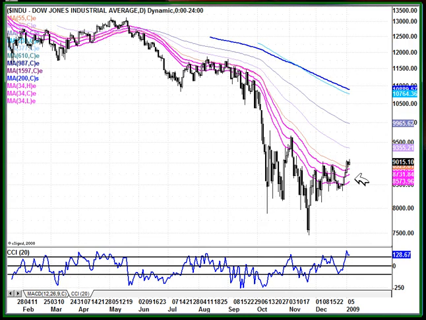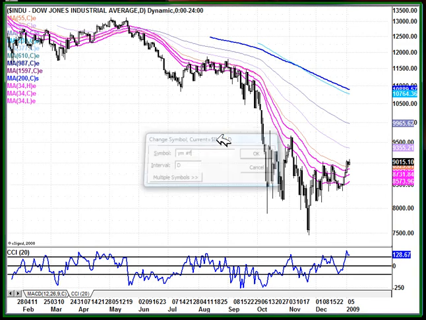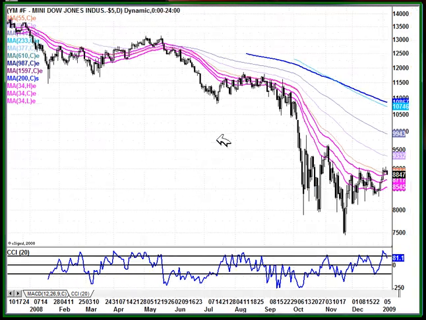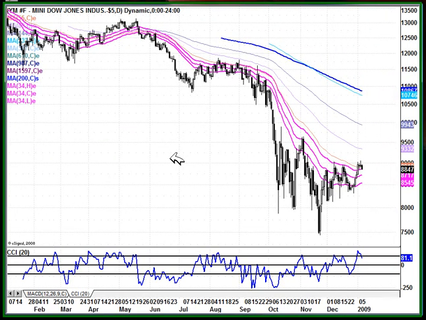Well, obviously not too many people, because if you go back to that YM futures contract, we are down 101 points right now pre-market on the Dow, down here at 88.47.